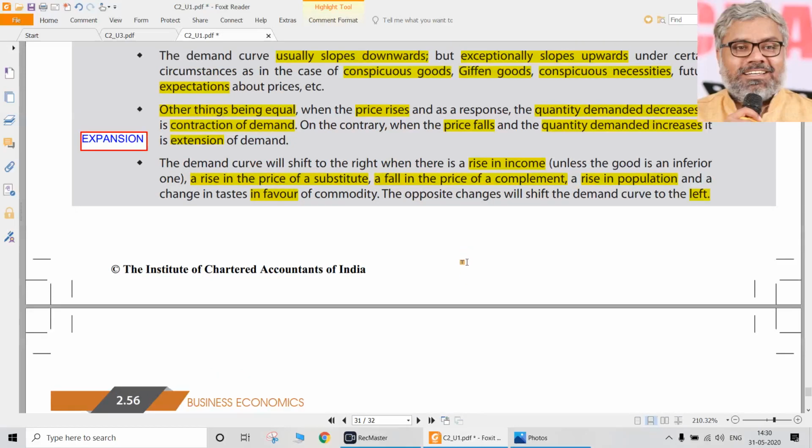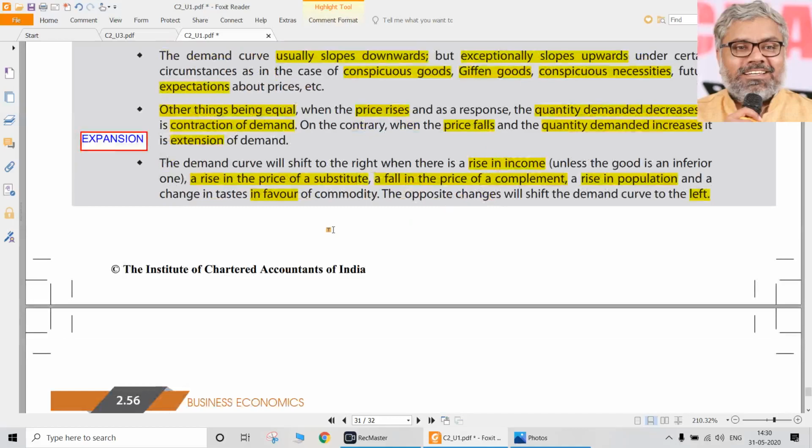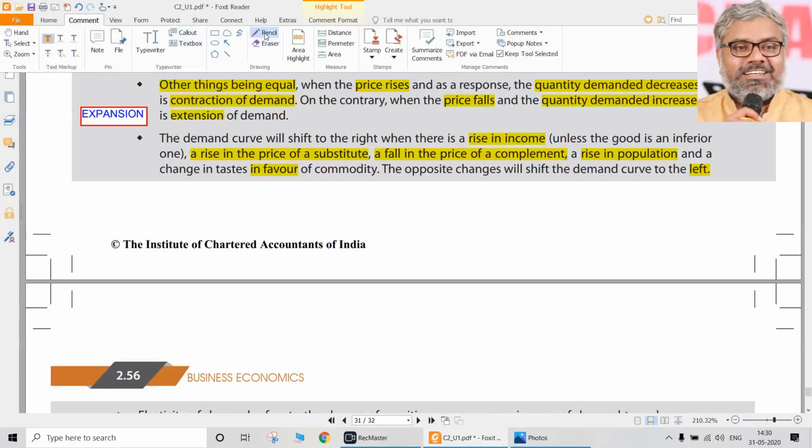So the movements are going to be on the demand curve when we are testing the impact of price on the quantity demanded. The movement is going to be along the curve. Whereas when there is a change in any factor other than price, the movement is not going to be along the curve. The movement is going to be either rightwards or leftwards.